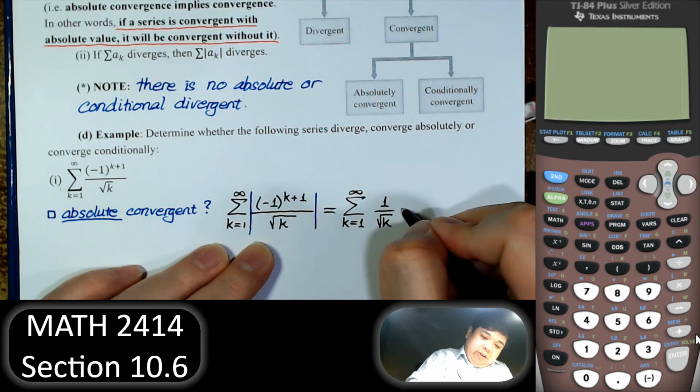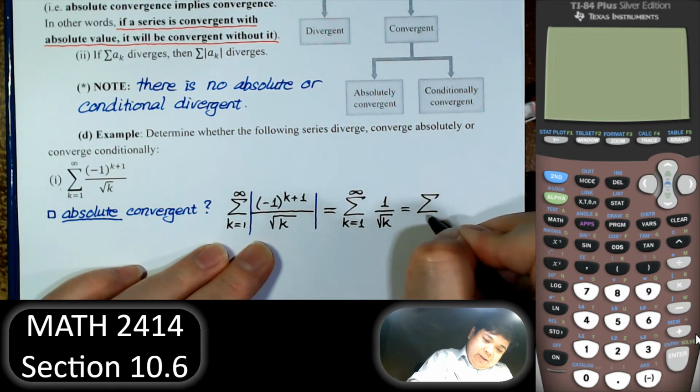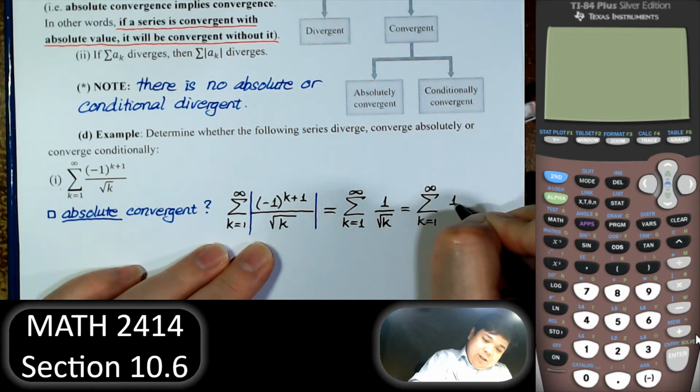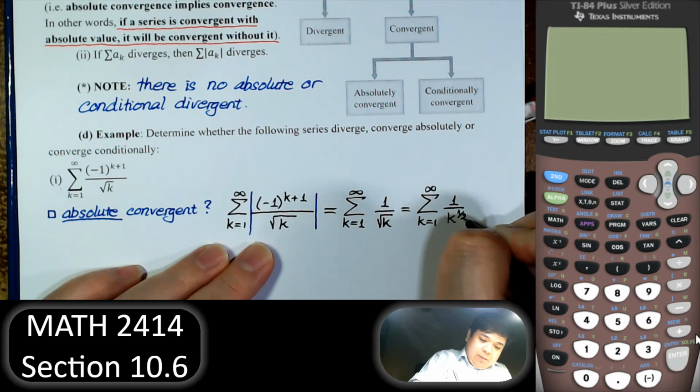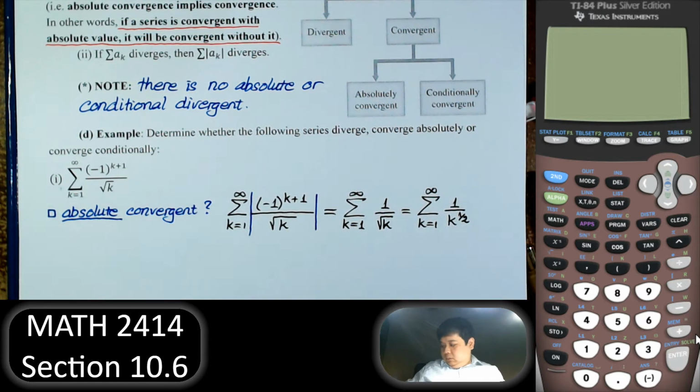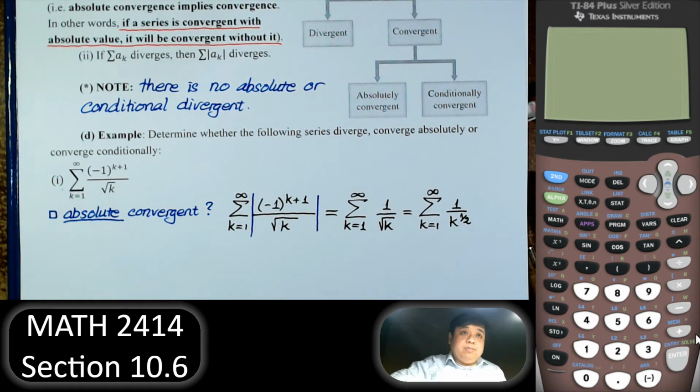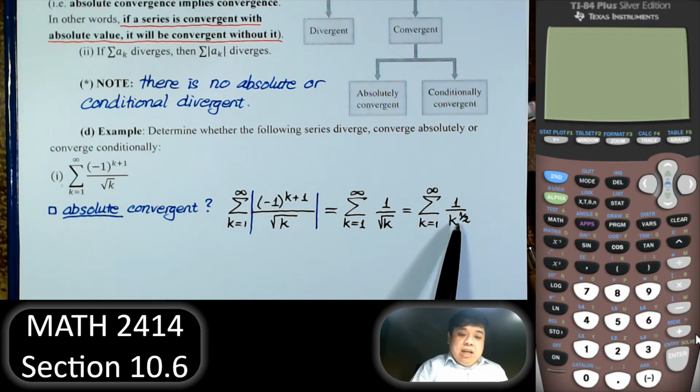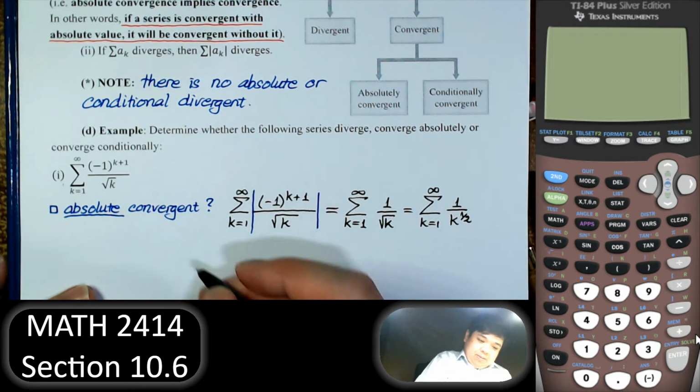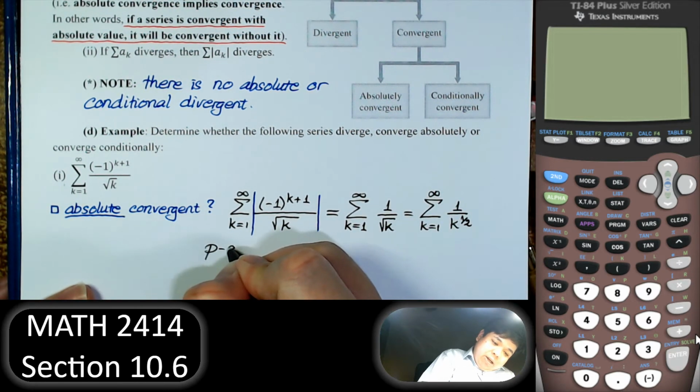By the way, the square root of k is equal to k to the 1/2. Now, is that convergent or divergent? This is a P series with P equal to 1/2.